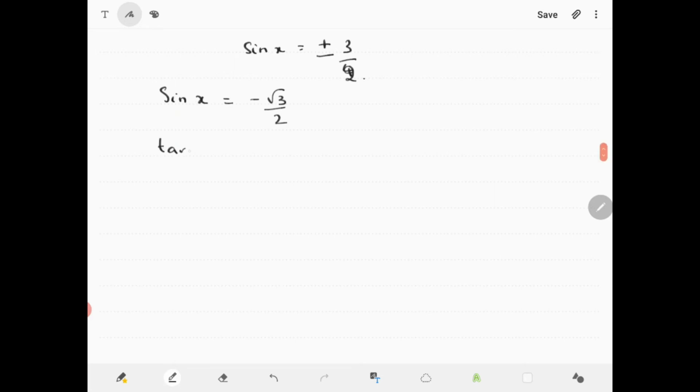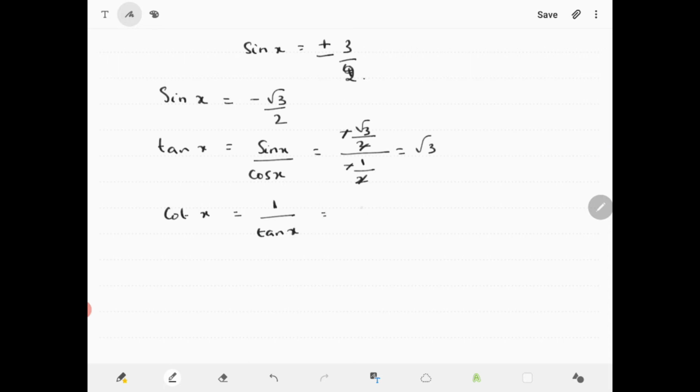Now tan x. So tan x we know it is sin x by cos x, is equal to, substituting the value, minus root 3 by 2 the whole divided by minus 1 by 2, which will be cancelling, minus sign goes off, the answer will be root 3. Similarly, cot x will be reciprocal of tan x. So the answer will be 1 by root 3.